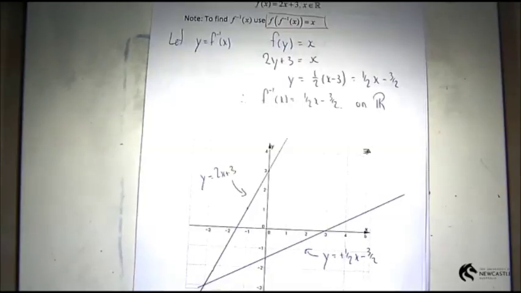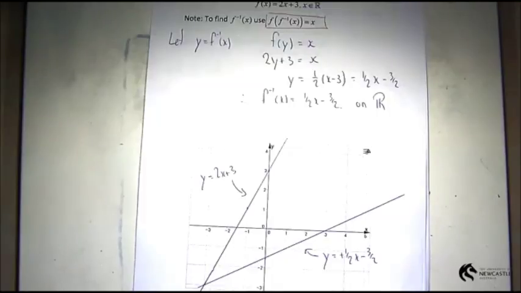I can make a sketch of this log graph. We did one of these last week, but let me just do it by putting in a few points. First of all, I know the domain is positive values of x, and I know that if I put 1 in there, what power must 2 be raised to give 1? It's 0. So it goes through 1, 0.